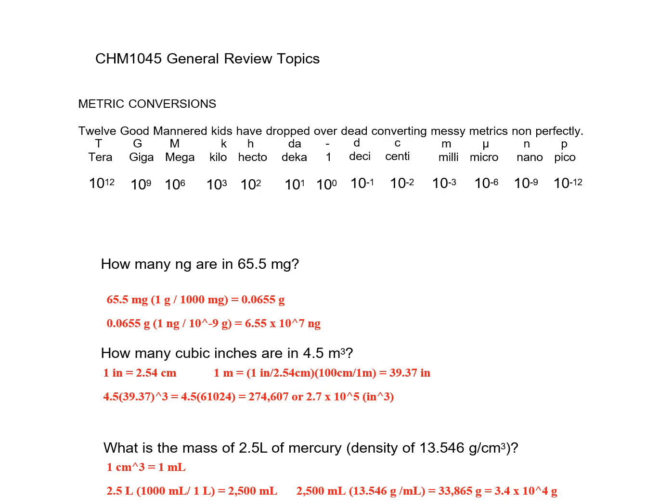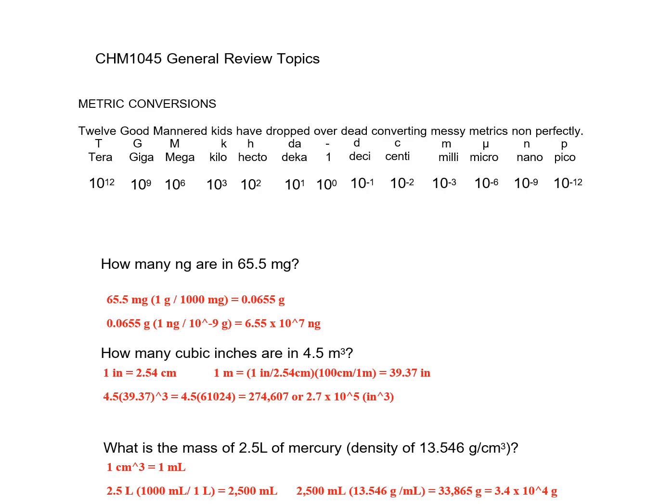Here I have to convert the 2.5 liters to cubic centimeters, and the idea is to cancel the units and end up with just grams. Let's figure out how to cancel the units. 1 cubic centimeter equals 1 milliliter.